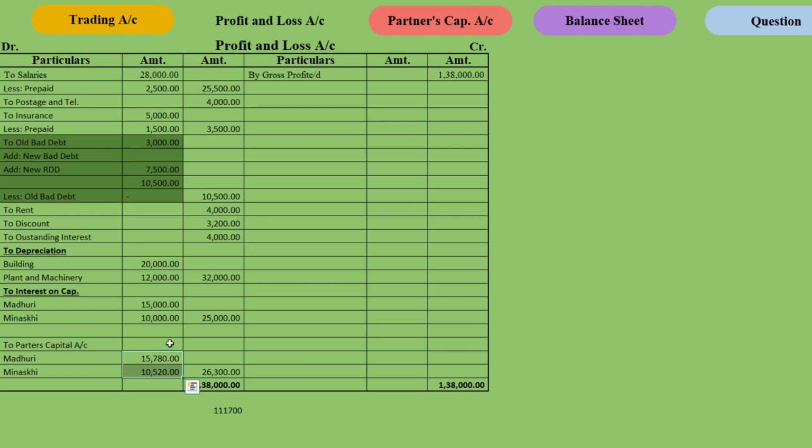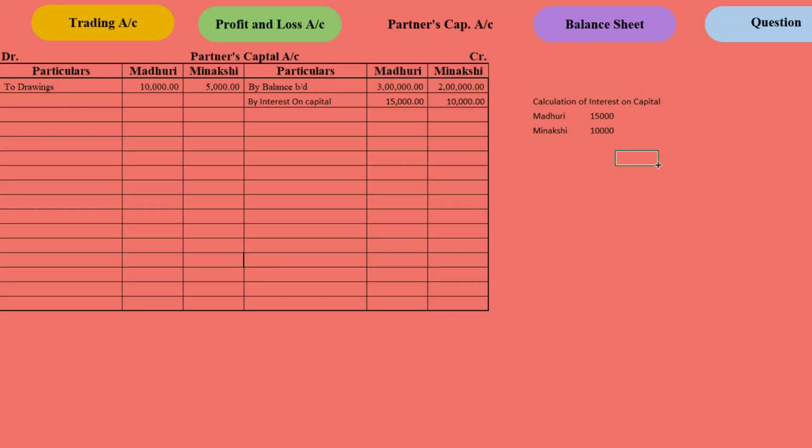Now the second effect of this will be given on the credit side of the partners capital account, but here you write net profit distributed. This amount will go to the credit side of the partners capital account.